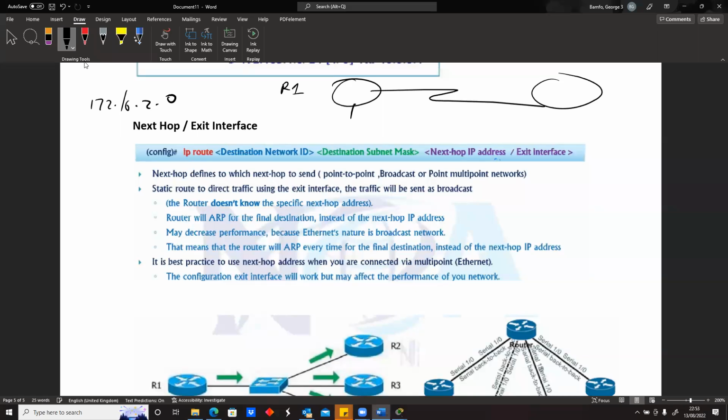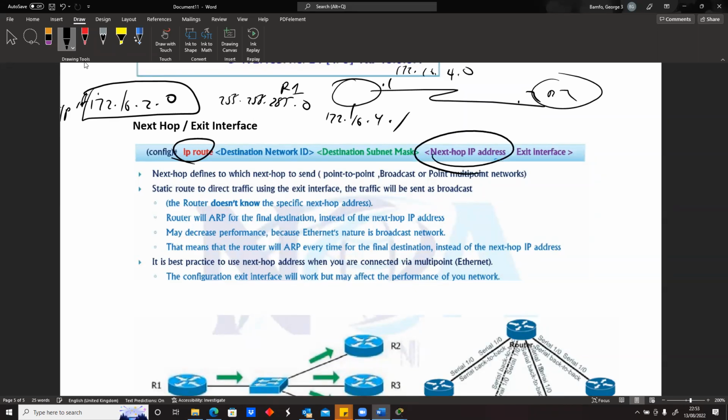And so we did IP route, which is this command, and then we put the destination network, the missing one, and the subnet mask 255.255.255.0. But we said that there's .1 here, this is 4.0 here, 172.16 here. So this is .1, this is .2. We're saying that in order for us to get to the R2 router, it is 172.16.4.1. So this is what the next hop address is.